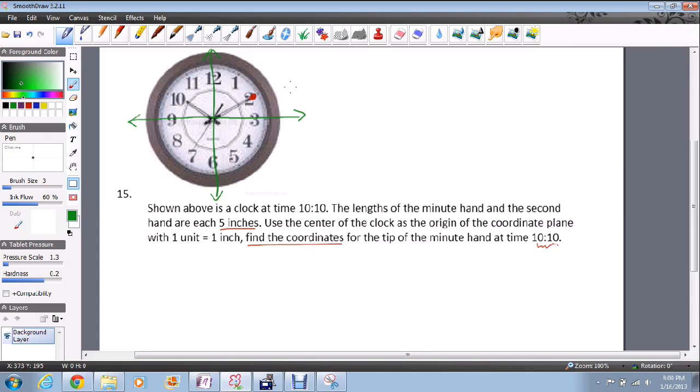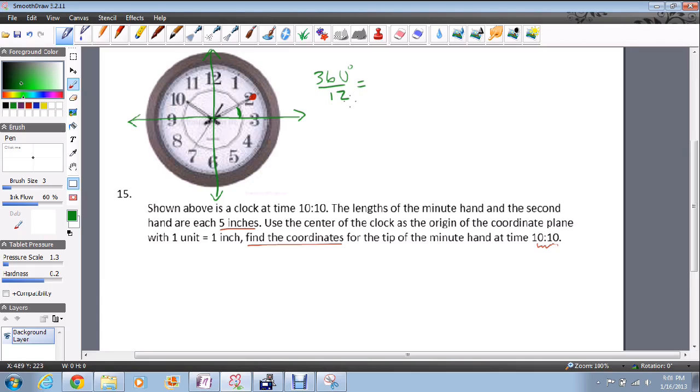Okay? Well, a couple things I'm going to do first. We assume that the 1, the 2, the 3, the 4, etc., all the way up to 12 are equally spaced out. Since that forms a circle, and there's 12 points on the outside of our circle, each space in between, like 1 to 2, 2 to 3, etc., that angle in between these values is going to be 360 degrees divided by 12.